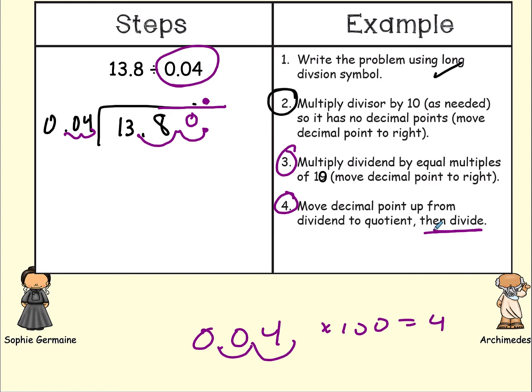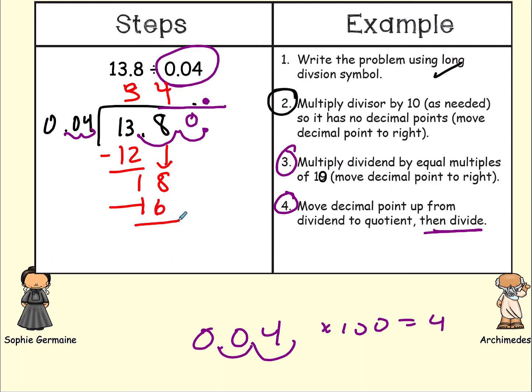So now our problem is 4 is our divisor, and 1,380 is our dividend. So now we divide as usual. 4 goes into 13 3 times. 3 times 4 is 12. 13 take away 12 is 1, so now I bring down my 8. 4 goes into 18 approximately 4 times. 4 times 4 is 16.